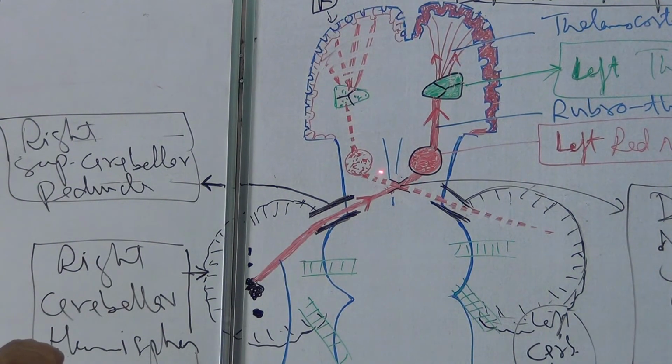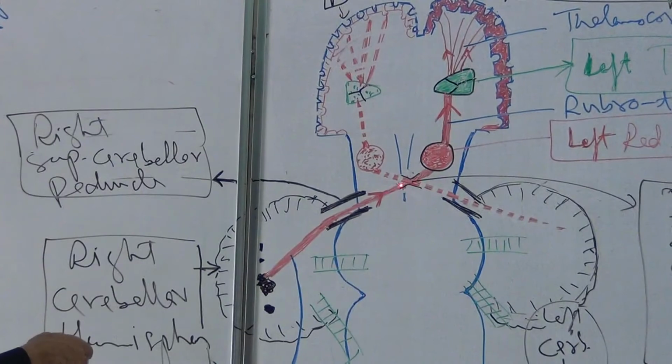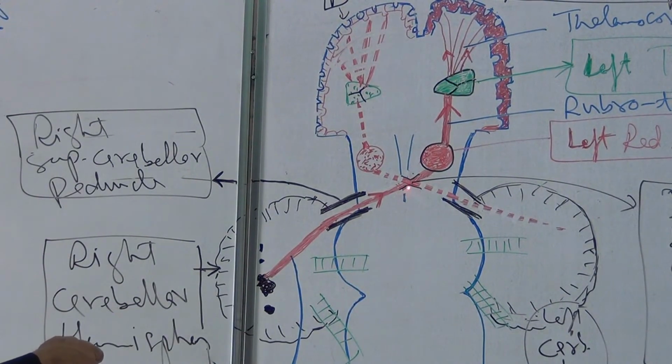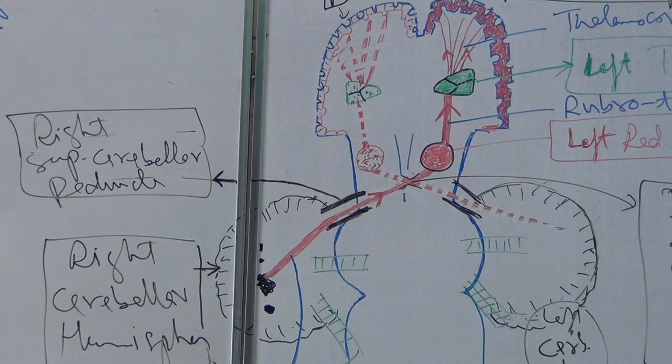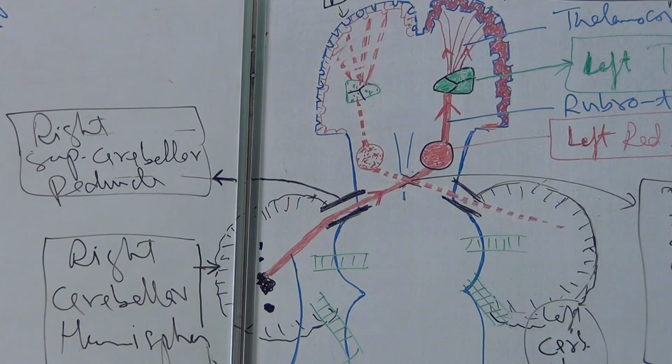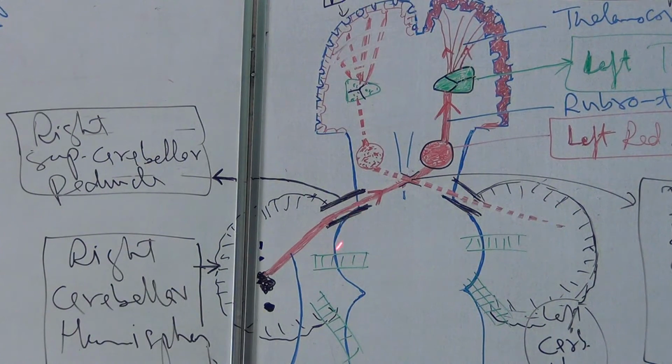So the fibers of the right and left superior cerebellar peduncle decussate in the lower part of the midbrain, forming the decussation of superior cerebellar peduncle. So if there is a lesion in this pathway, that is in the right cerebellar hemisphere, right superior cerebellar peduncle, and damage here to the decussation, it will disconnect the right cerebral hemisphere with the left red nucleus, and lesion here and here also affects the opposite side because of this crossing, decussation of the superior cerebellar peduncle.